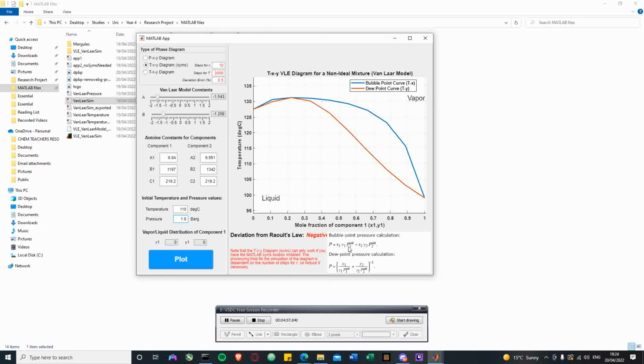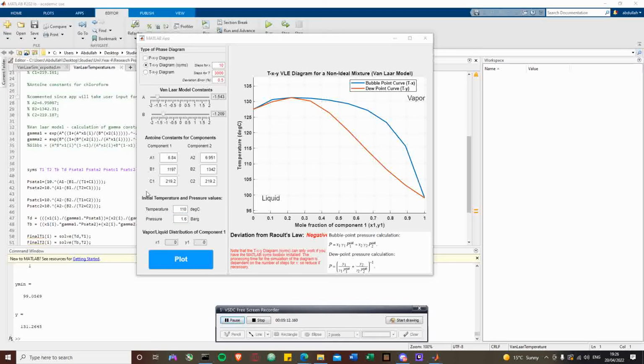On top of that, the Antoine constants form a part of calculating P1 sat and P2 sat.